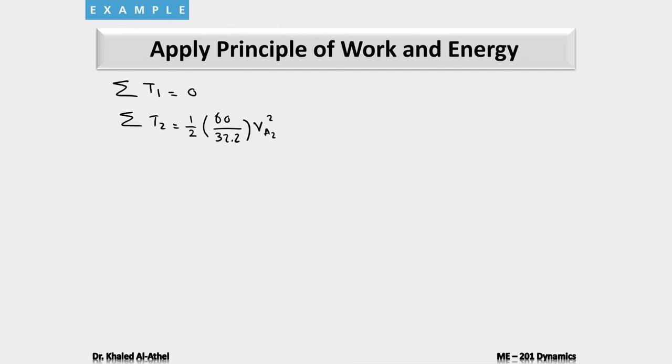Okay, now you have again plus half MB, which is basically 10, which is the weight, over 32.2, multiplied by 4, multiplied by VA2 square.